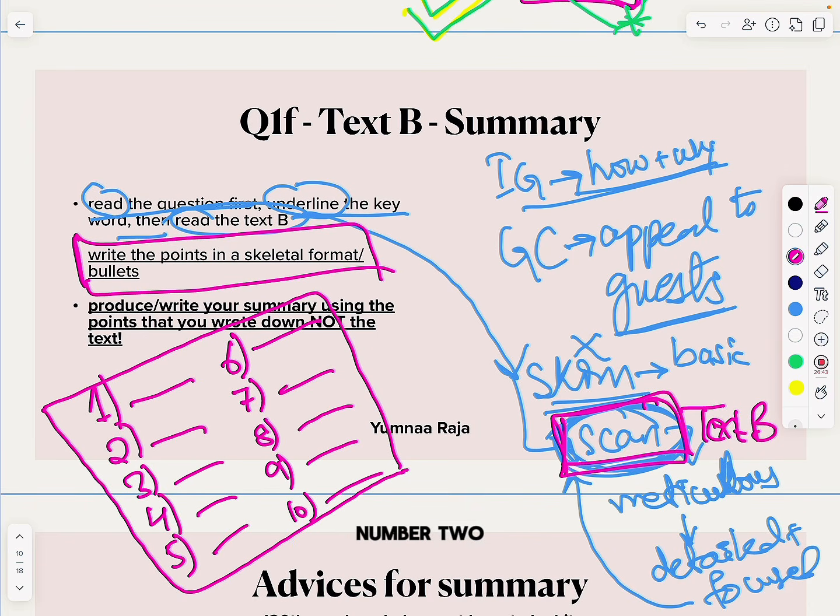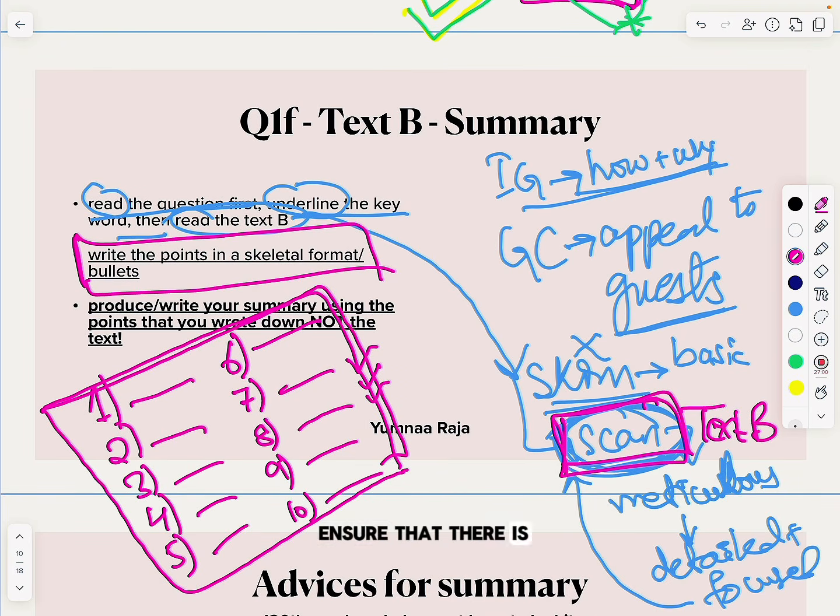Number two, what you do after you flesh out your notes is that you ignore text B. Once you have read text B, you've underlined your points, you've written them down like this, then you ignore text B. What is that going to do?